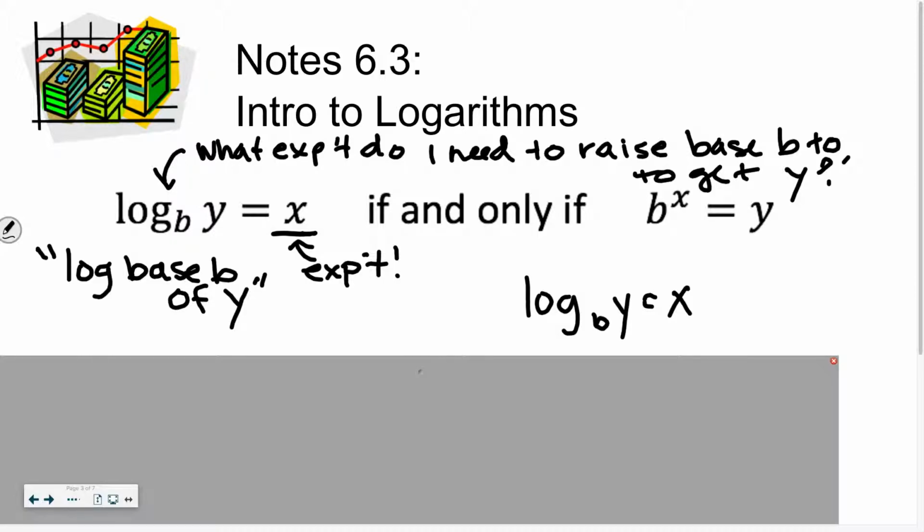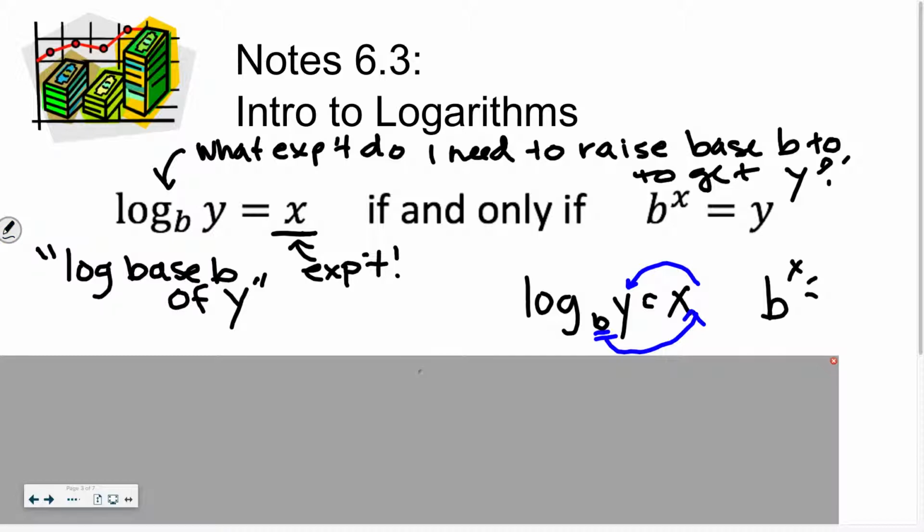So if I'm trying to take log base b of y equals x and rewrite it as an exponent, start at b, because that's your base, right? Okay, so start at b, there's the base to my exponent. The swirl always goes around the equal sign, so then you pick up your exponent x. So it's b to the x equals that thing that's on the inside. So it kind of swirls into itself.